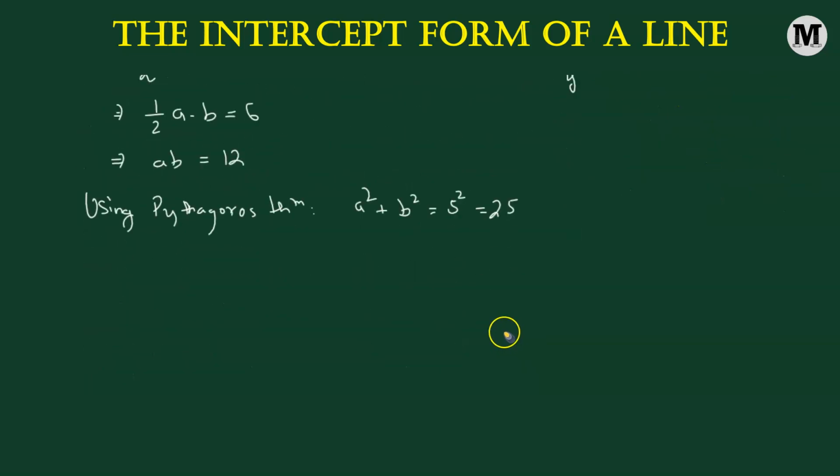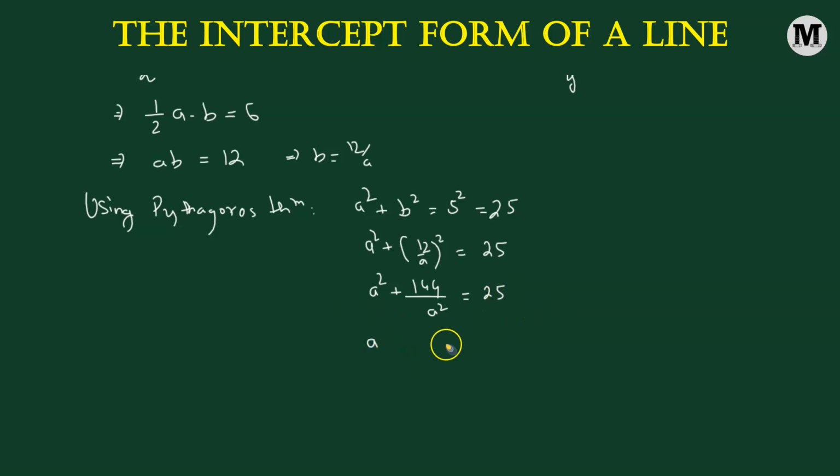Here we can make use of the fact that since AB equals 12, this implies that B is going to be 12 over A. So let's substitute it here. A squared added to 12 over A whole squared equals 25. We can say A squared plus 144 over A squared equals 25. Multiplying throughout with A squared, we get A raised to the power of 4 plus 144 equals 25A squared.